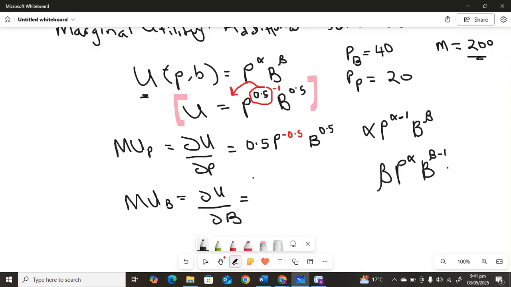So now when we use numbers here, yes, 0.5p to the power 0.5, b to the power negative 0.5. Colleagues, are we all okay with that?